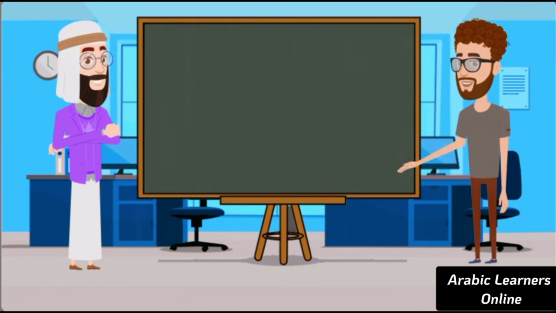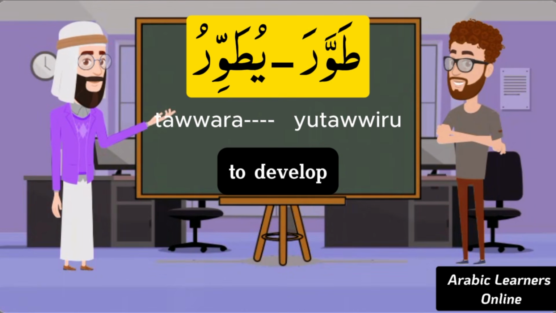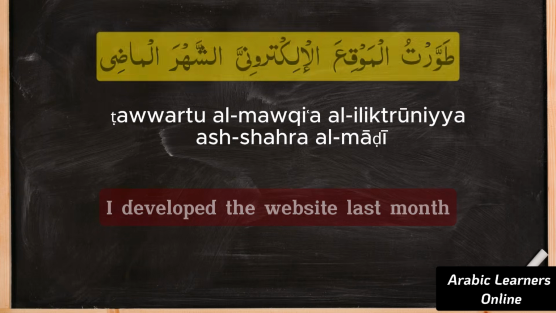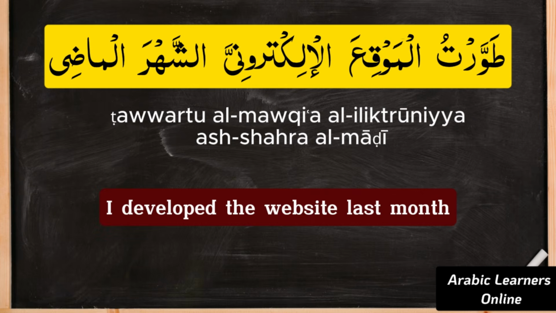Like, I developed the website last month. For development, we use طور, يطور, which means to develop or enhance. Your sentence: طورت الموقع الإلكتروني الشهر الماضي. In English, I developed the website last month.